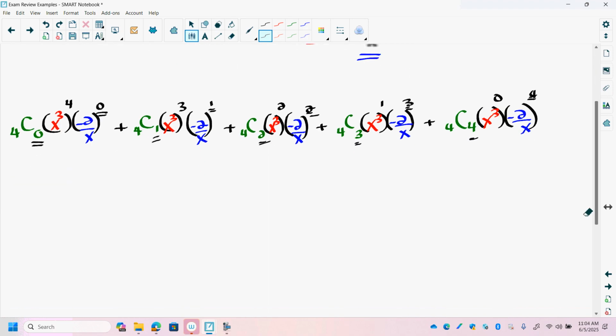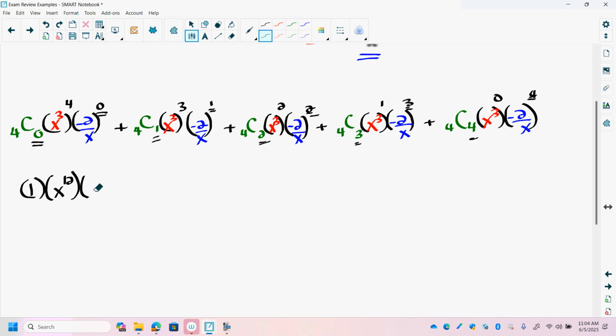Now we can figure out these combinations. What is 4c0? It's a 1. When you raise a power to a power, what do you do to the exponents? Add them or multiply them? Multiply. x to the 12th is what I would get.